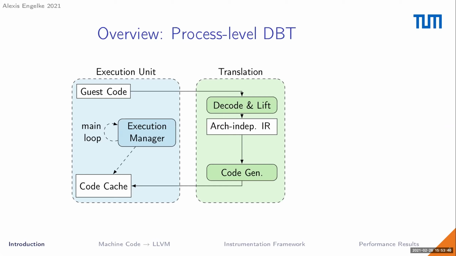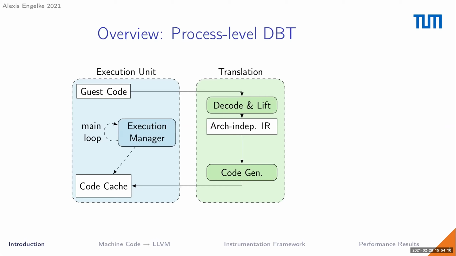And then we enter the main loop, and within the main loop, the execution manager looks at the program counter, checks, okay, we are at this guest address, and then triggers the translation process. The translator then decodes this code, lifts it to some probably architecture independent code representation, which is then compiled for the new architecture, for example ARM.